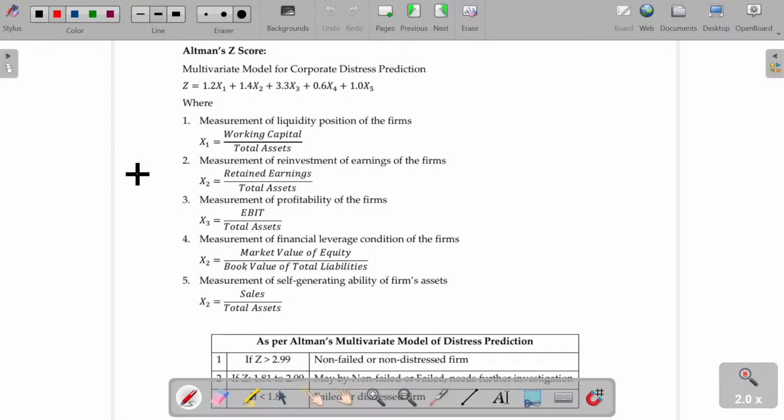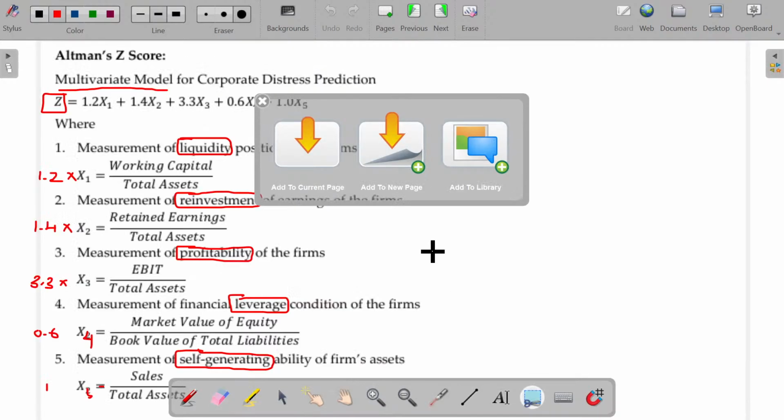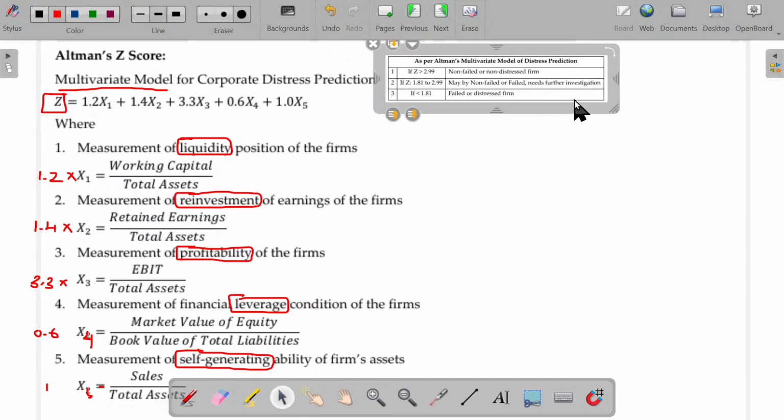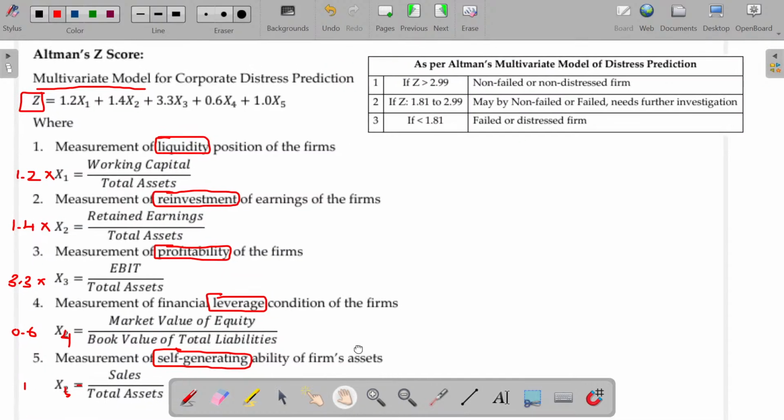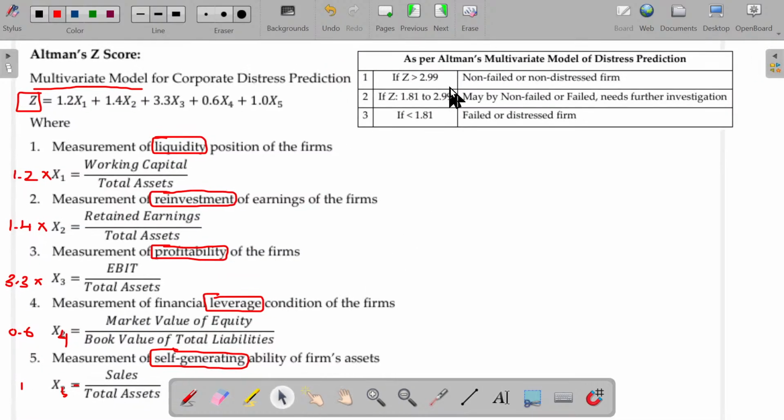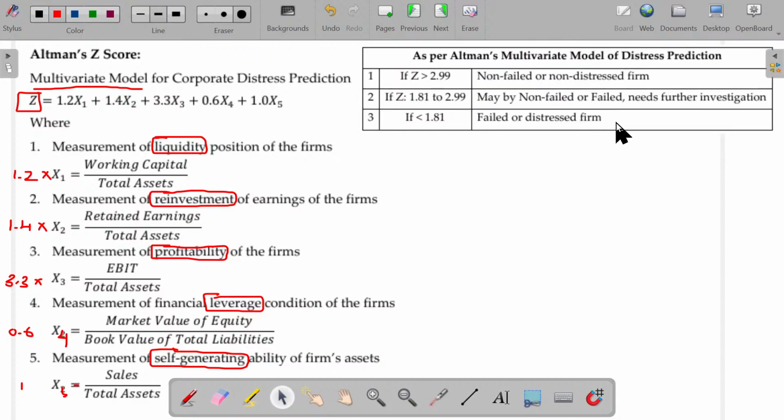So, here this list is given. After the calculation, you have to use this table to decide. What's the table? If the final Z value you calculate is less than 1.81, then the company is supposed to be liquidated or insolvent faster.